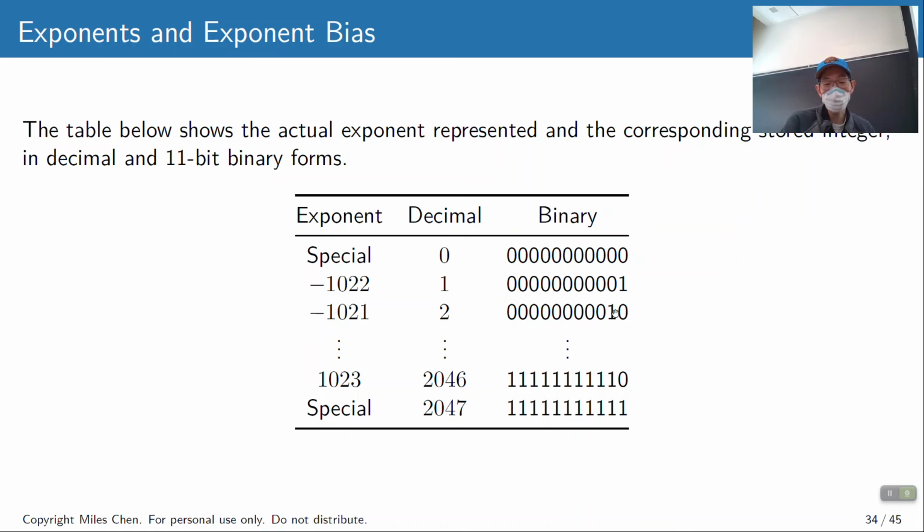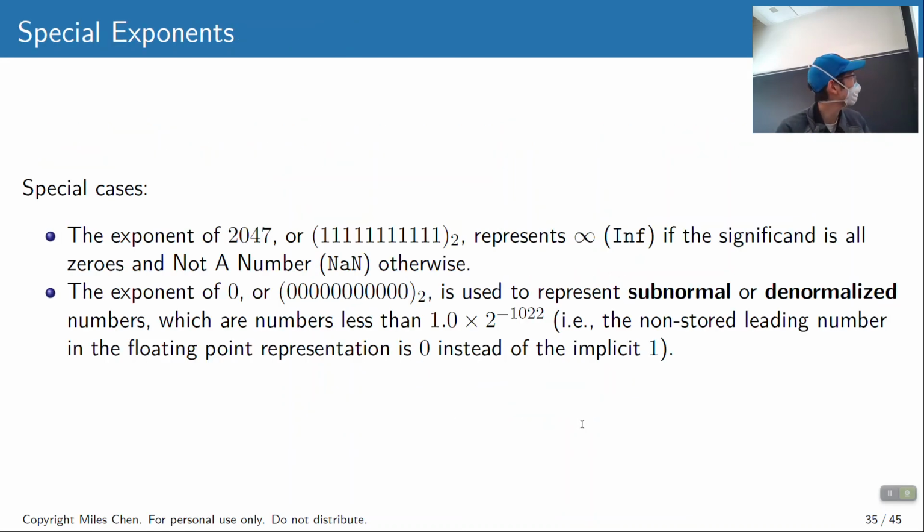The next value would be 1 0, which is decimal 2, and is internally stored as negative 1,021. And all of this becomes 1,023, and this is a special case. The special case of all ones is used when we have infinity or not a number. And when we have all zeros, we go into what's called subnormalized or denormalized mode, and I'll talk about that later.